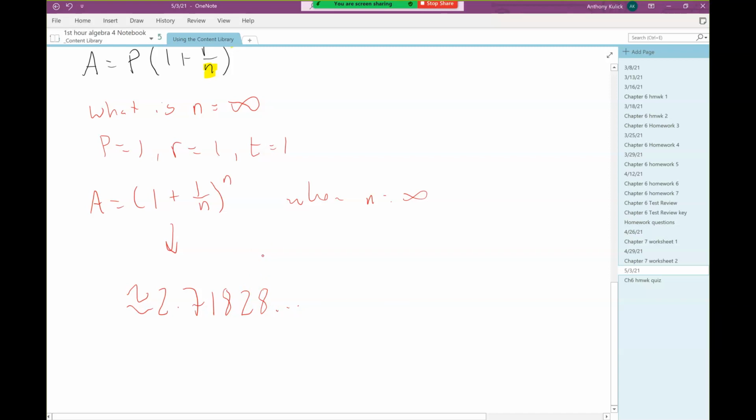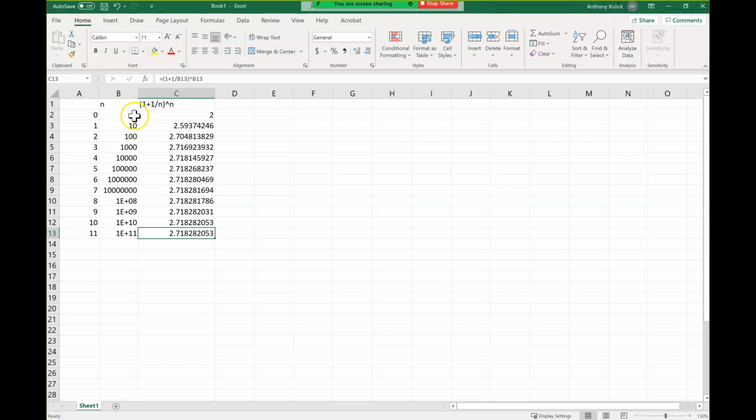Now, notice that each time when we looked at our Excel, as n got bigger, this number changed a little bit, right? Would you agree? Now, as n continues to get bigger, it's going to continue to change, but it's never going to get too big, right? It's going to stay around this 2.71 number.